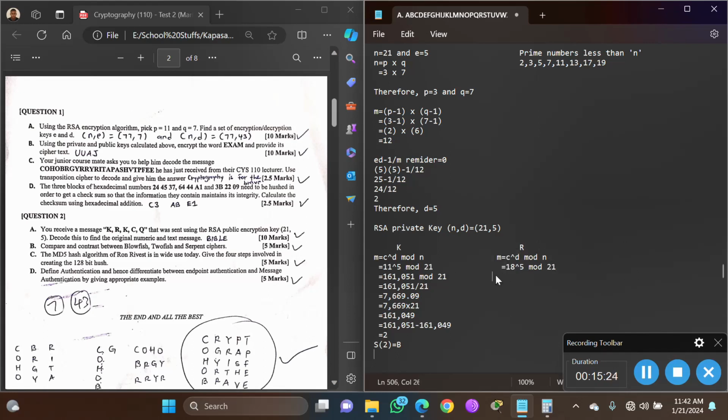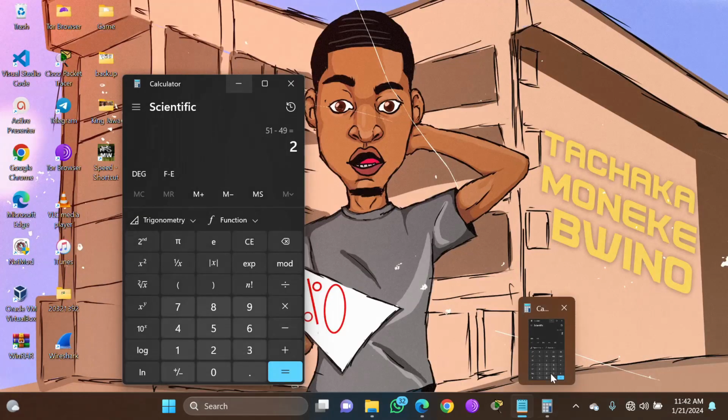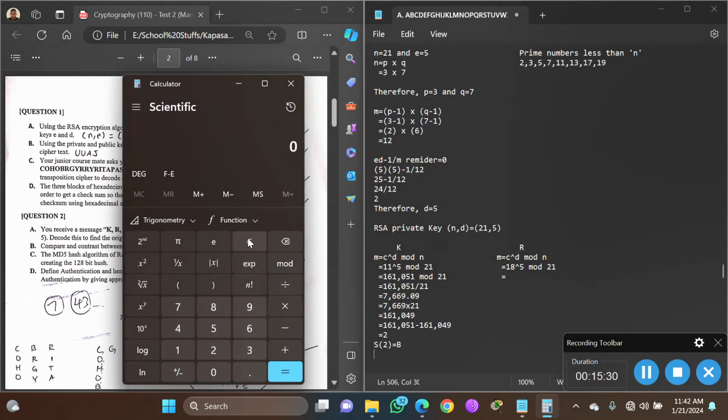At that point we need to use our calculator to compute 18 power 5. So we get this answer, then we paste it and say mod 21.